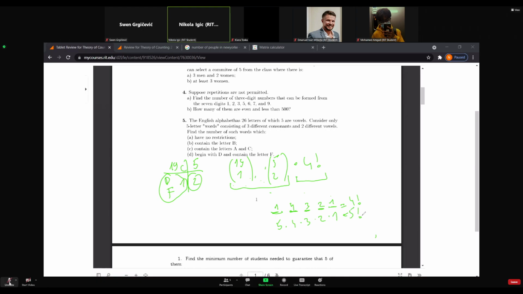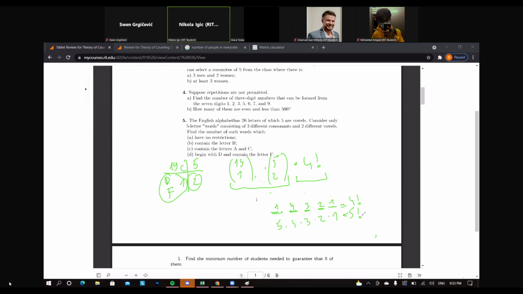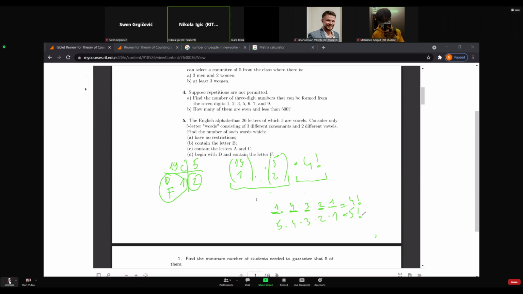Do you understand or no? Yes. Because I need to see how many ways I can twist these letters inside. Even if I use the same 5 letters, I can put them in many different orders. So I can write BCA and also ACB.